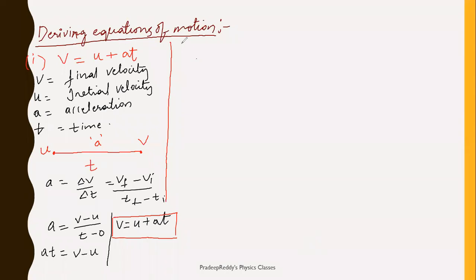Coming to the next equation, we should now prove s = ut + half at square. For this, let me consider a particle or a body which is starting initially with initial velocity u.